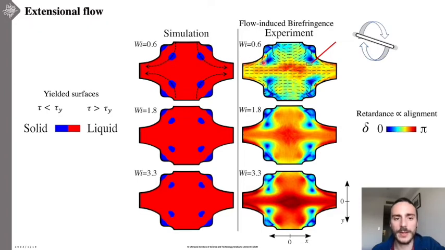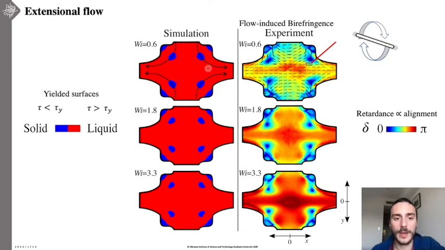However, when the material shows very little birefringence or little retardance, the model predicts that the material is in the solid state. We can understand this by the fact that the rods can align when the material is in the liquid state. However, the rods cannot significantly align when the material is in the solid-like state.